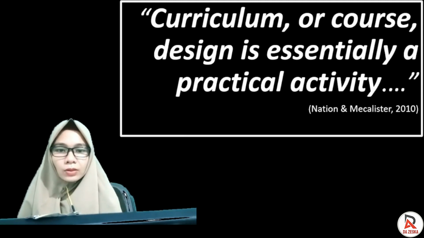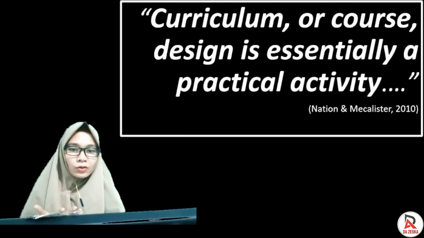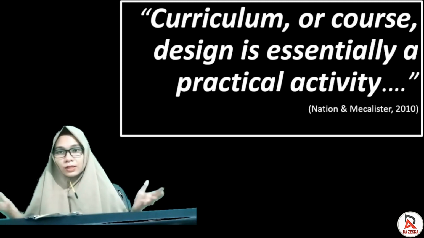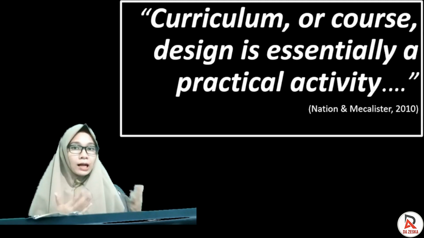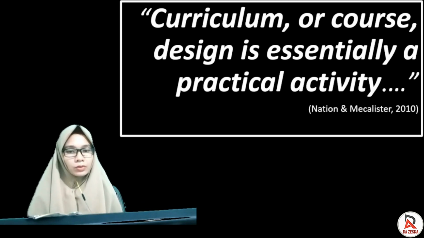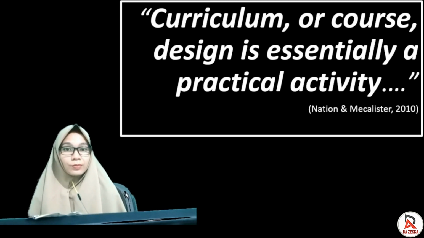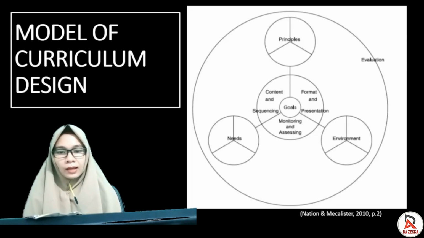And the way you do the course, and the way you make evaluation for your course or your class, all of the activities are practical. They are not theoretical, but the theory will help you to do the practice. But sometimes the theories that you learn are not suitable with the practice in the field. So I think it is still important to note that curriculum or course design is essentially a practical activity.